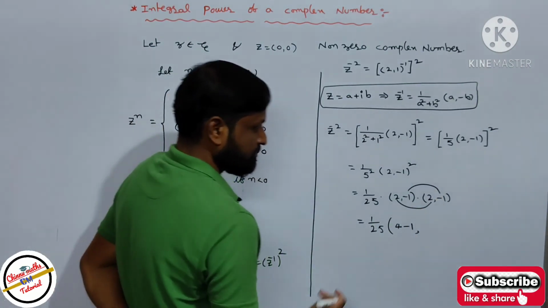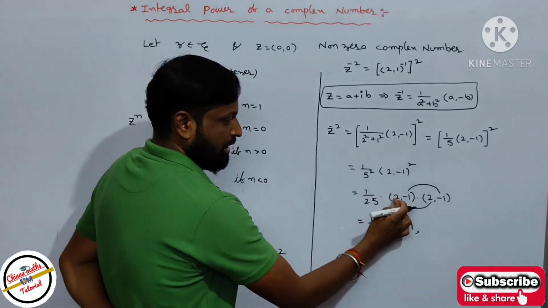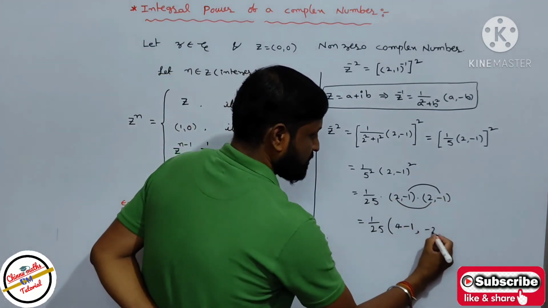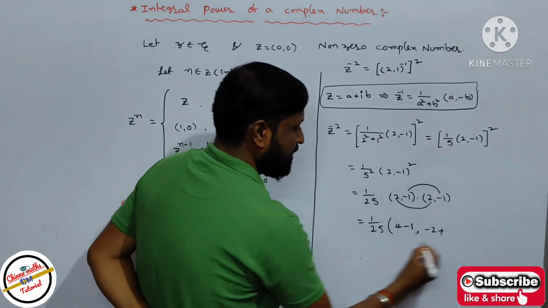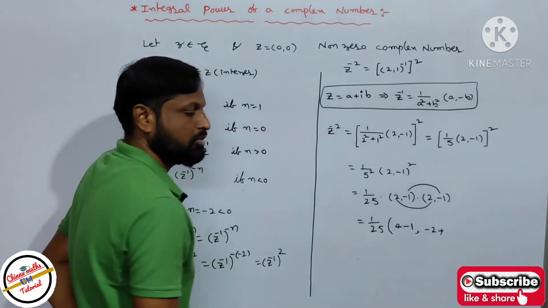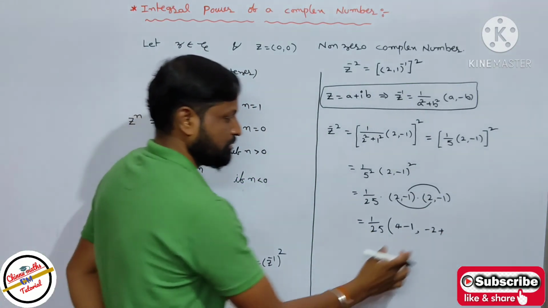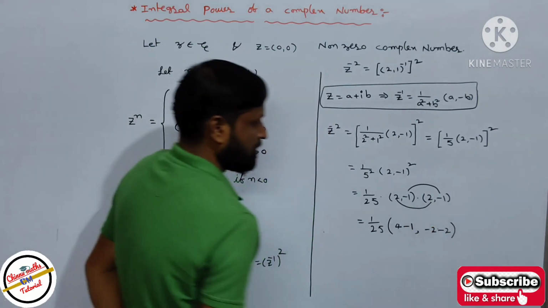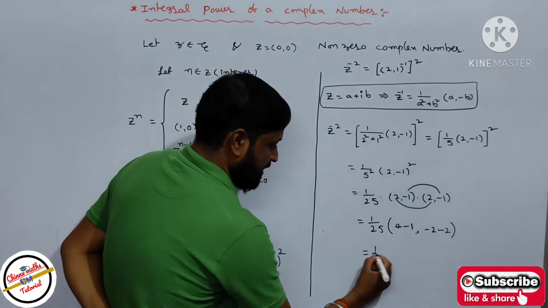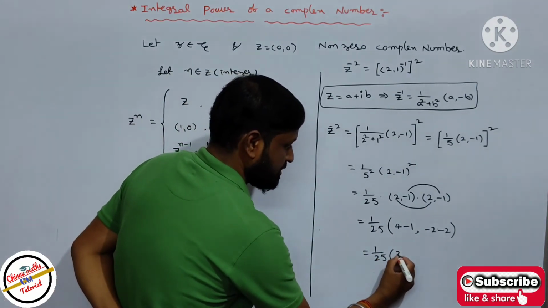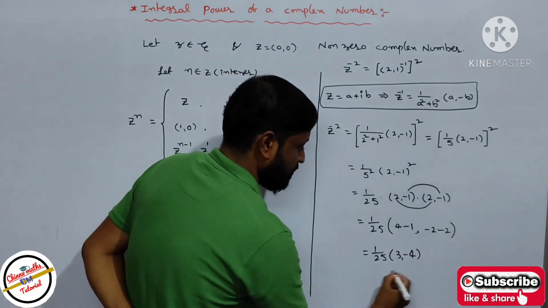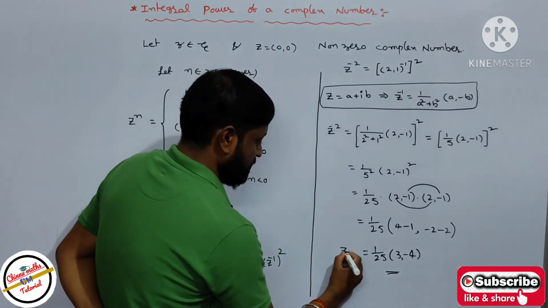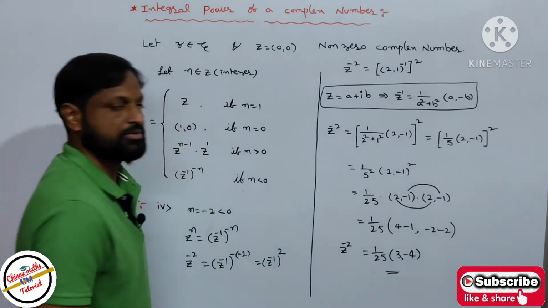Next, ad plus bc. ad is 2 into minus 1, equal to minus 2, plus bc, 1 into 2... again it is equal to minus 2. Next, 1 by 25 into 3 comma minus 4. It is the value of z power of minus 2.